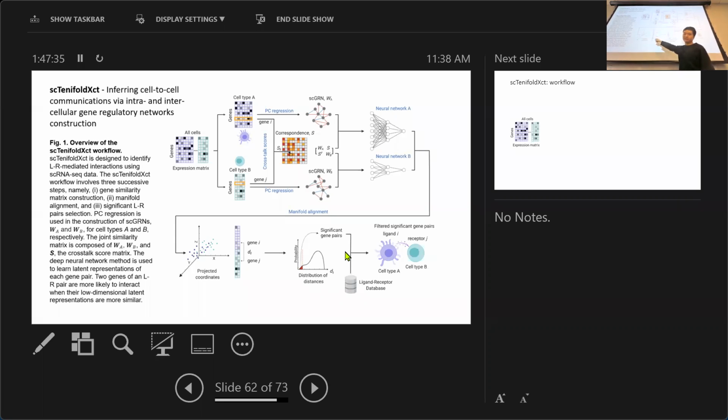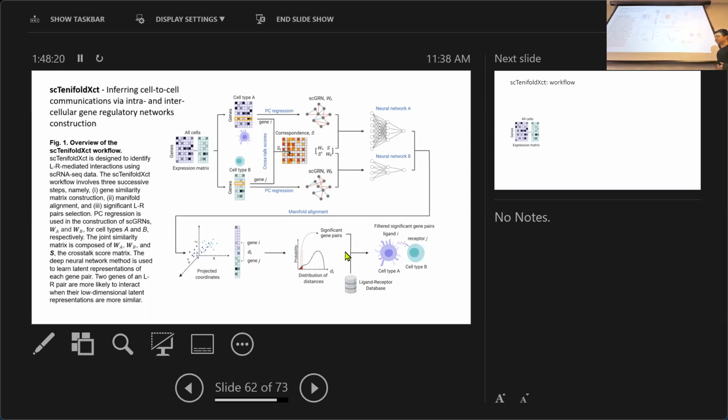Here we just use the Euclidean distance because we believe it's an orthogonal space. We calculate the distance between each pair of genes in the low-dimensional space, and then we obtain a distribution of the distance of each pair. For example, if we have 10 genes in each type, we will end up with 10 by 10, 100 pairs of distances. It turns out the highly interactive gene pairs are located in the left tail of this distribution.